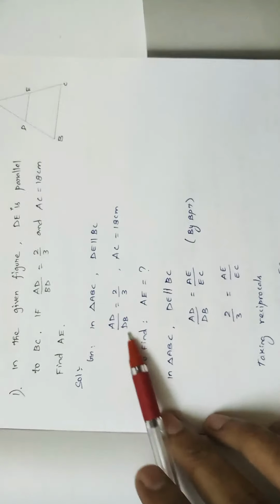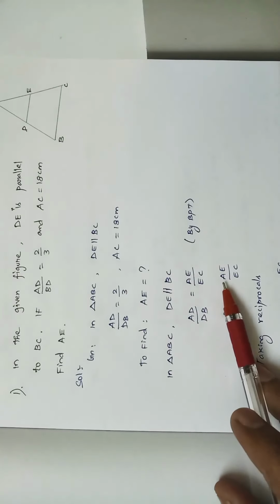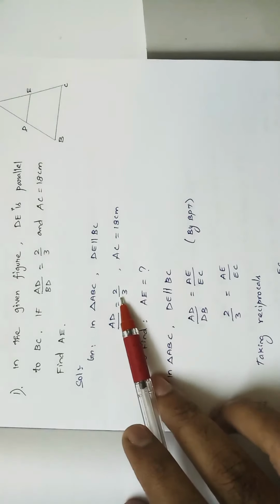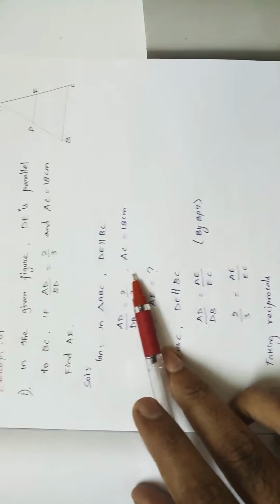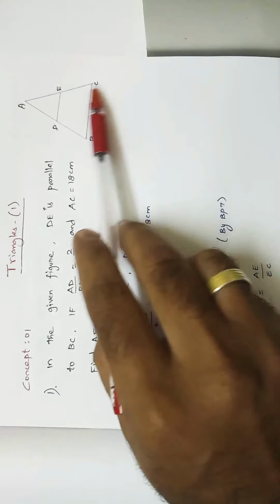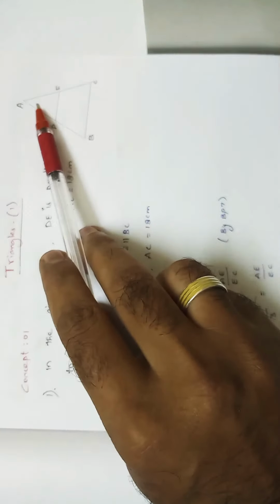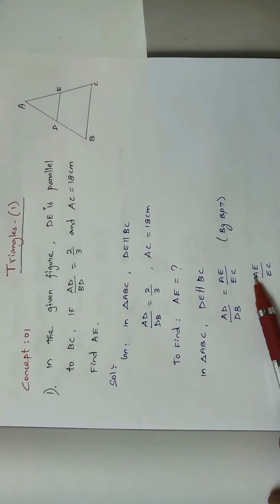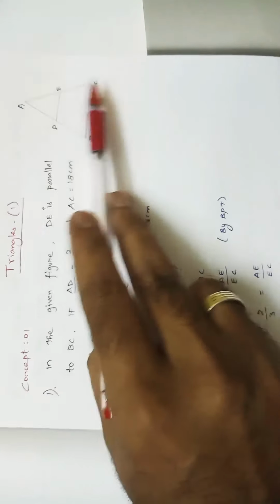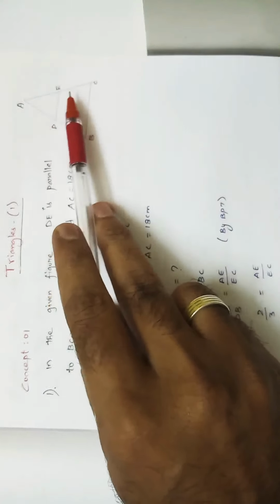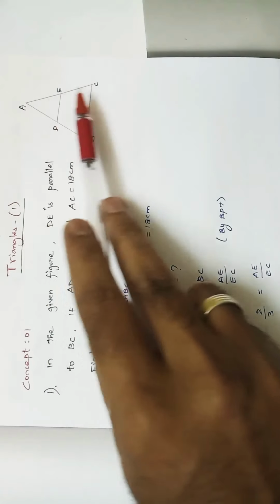Substituting the value, 2 by 3 is equal to AE by EC. One more value is given, that is AC, the total measurement of AC. And here we have only AE and EC, which are the parts of AC, right?